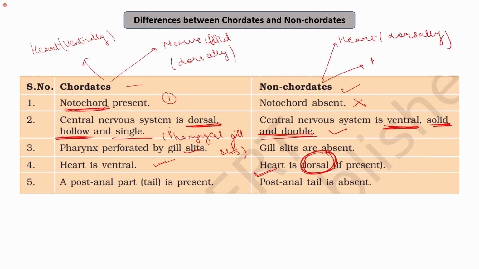Right? So these are the contrasting characters between the chordates and the non-chordates. And the last one is that the post-anal tail is present in the chordates, while it is absent in the non-chordates. So these are the basic characteristics that you need to remember, the differences between the phylum chordate and the animals belonging to different phyla under the non-chordates.